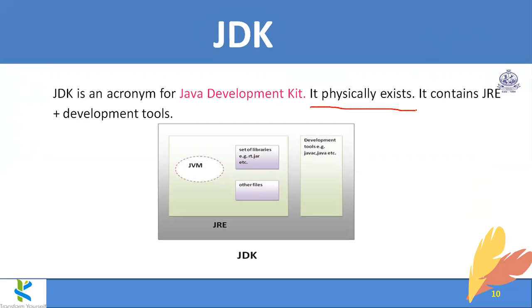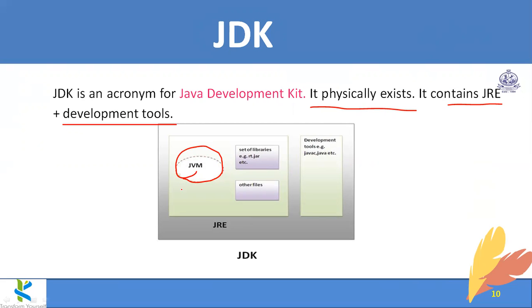So this is also physically existing content, and this contains the JRE plus development tools, all sorts of development tools together. So JDK comprises everything, and this JDK we have to install in our machine. When I install it on my Windows based machine, it creates its own JVM compatible with Windows OS.